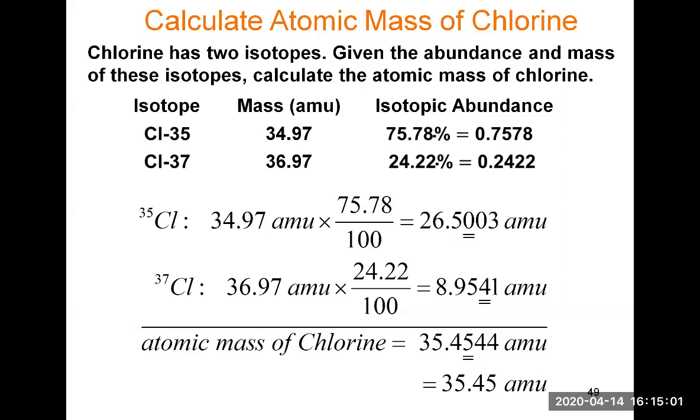For 4 sig figs, it translates into 2 decimal places. And for chlorine 37, 4 sig figs translate into 3 decimal places, which is more. So the least number is 2 decimal places. So when you add those 2 contributions, you will keep 2 decimal places. And that's why the atomic mass of chlorine is 35.45 atomic mass units.